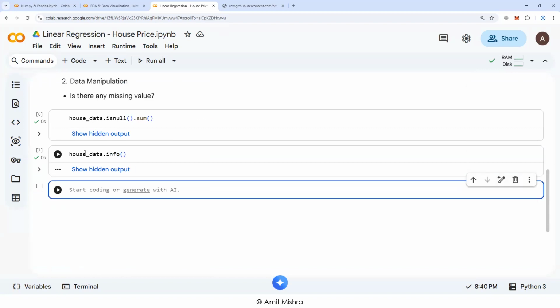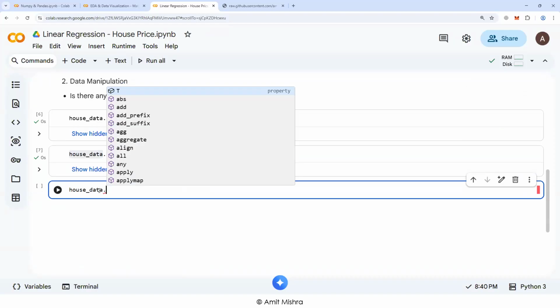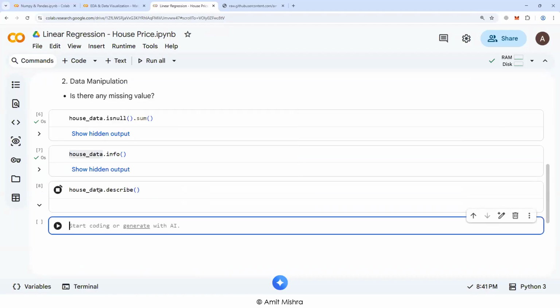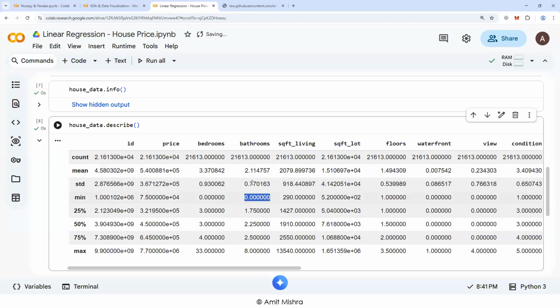Step number 3 will be about describe. When you see that the majority of the columns are numeric, straight away employ describe, and it will return the summary. If you see a minimum value being 0 for a column which cannot be 0, like for example bedrooms, okay, it can be 0.